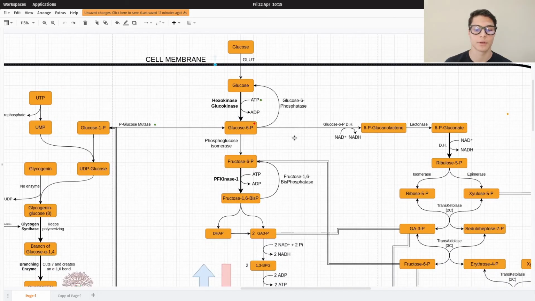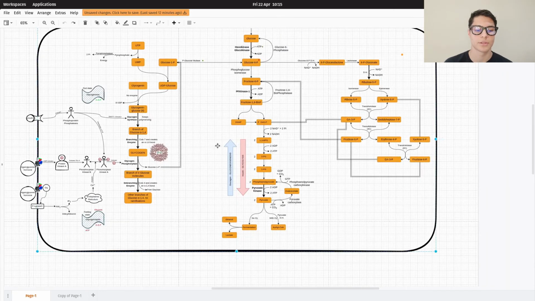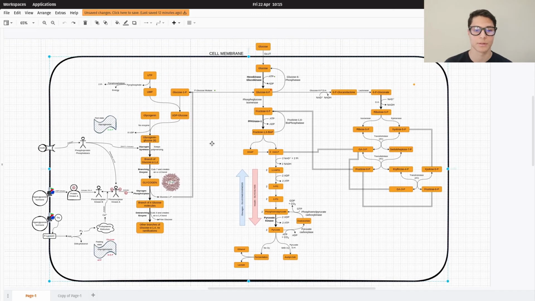That occurs in the liver, the gluconeogenesis. The glycogenolysis and gluconeogenesis are similar. It's not the same, but it is very, very similar, because they both want to get glucose outside the cell into the bloodstream to elevate glucose levels.